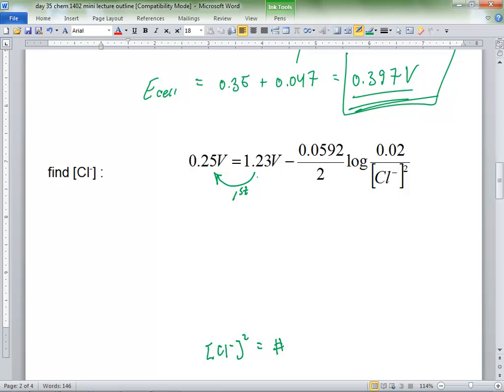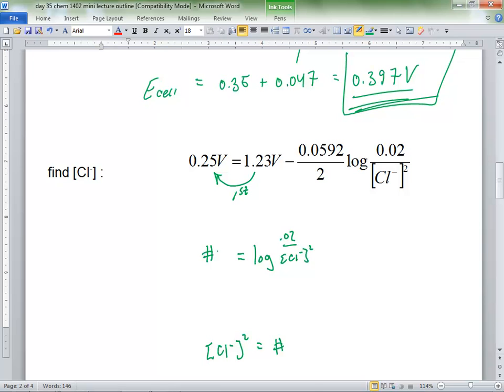Then what would you do? What Brittany was doing when she shouldn't have been doing it in the first one. She was cross-multiplying. Get log equals a number, right? Do the cross-multiplying thing. So you get the log of this 0.02, or a concentration of chloride squared, is some number.